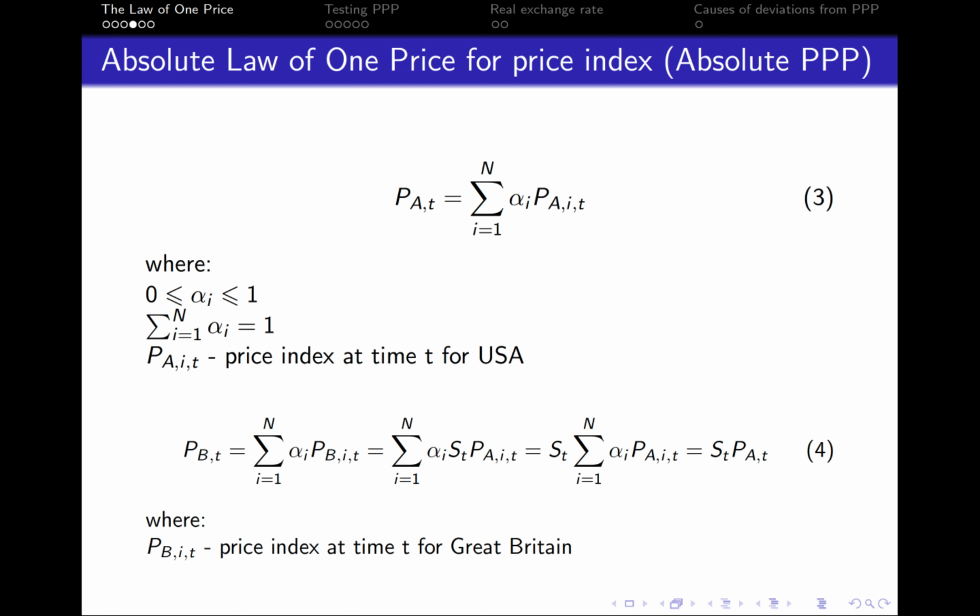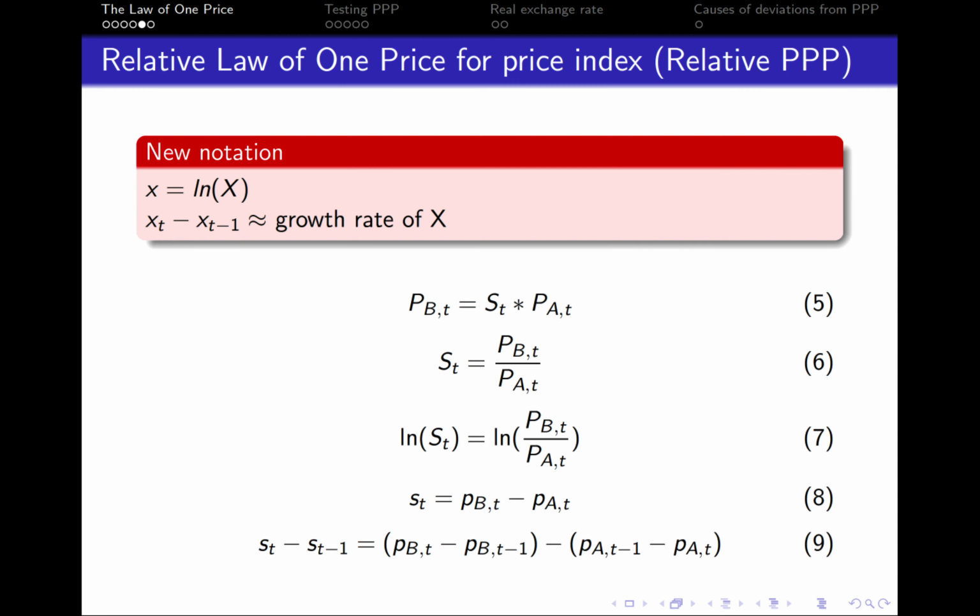So now let's relax our law even more. But for that, I need to introduce one additional thing. Look, from this moment on, every time you see a lowercase variable, it will denote the natural logarithm of the uppercase variable.